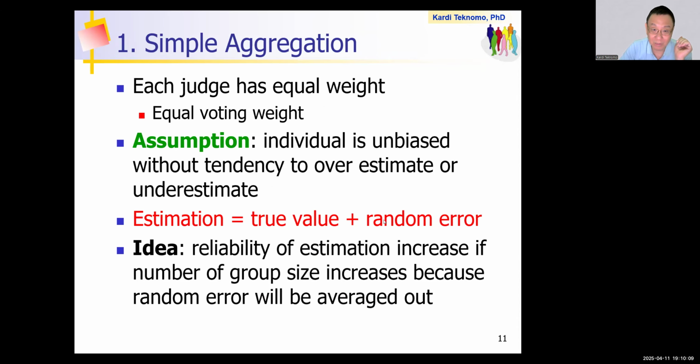When we say estimation, we have the true value and there is a certain error. The idea of simple aggregation means reliability of estimation will increase if the group size increases. Is this a true assumption or not?